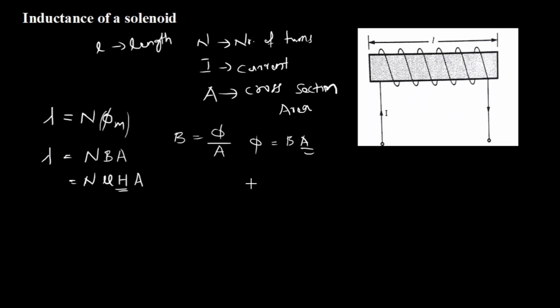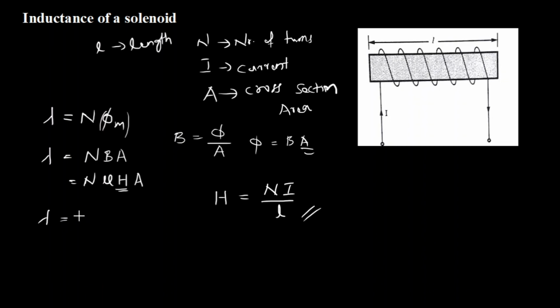To continue the derivation, you should remember that the magnetic field intensity due to a solenoid, considering only the magnitude, is given by N into I divided by the length of the solenoid. So H is N I by L. I'll use this result in this equation.